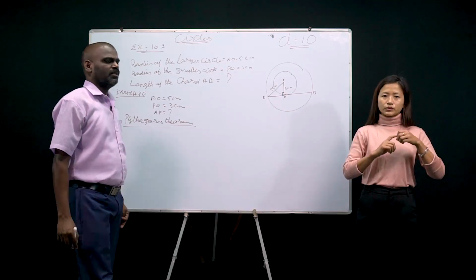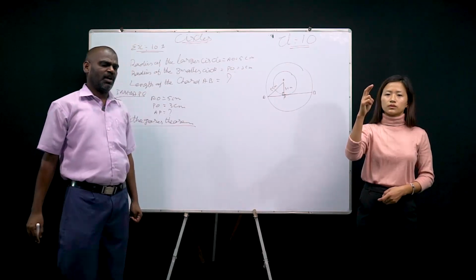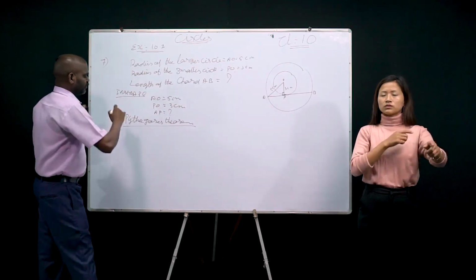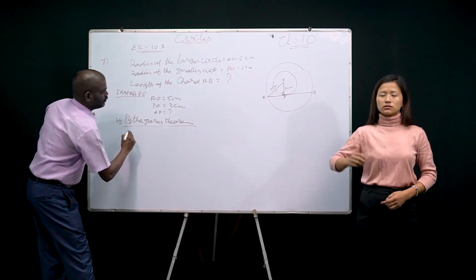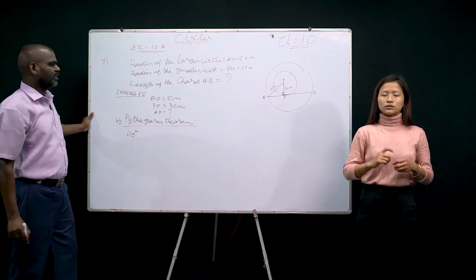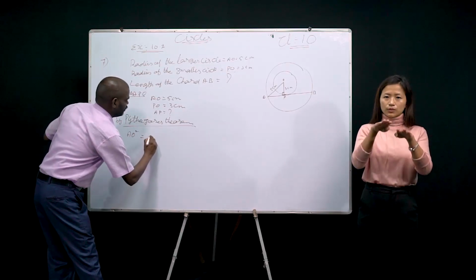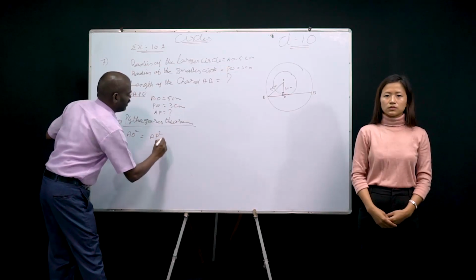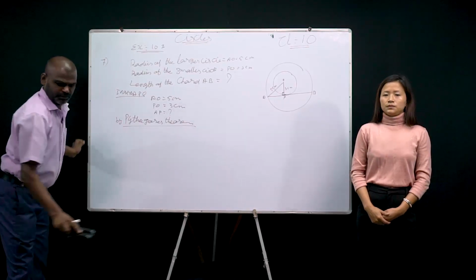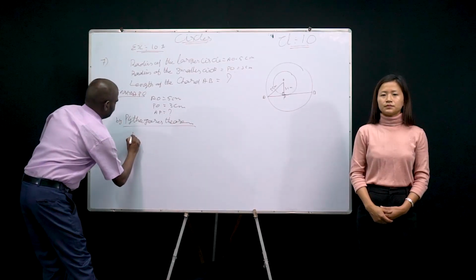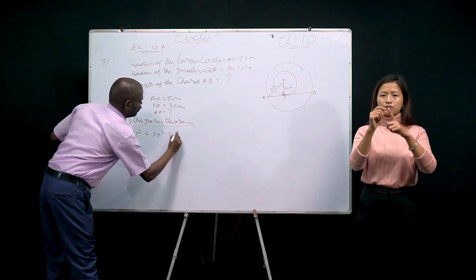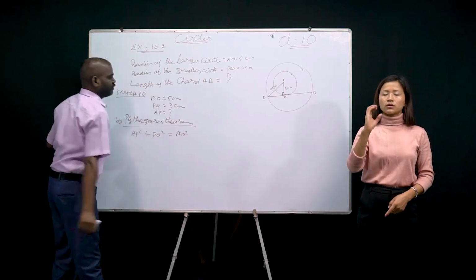Square of the longest side is equal to the sum of the squares of the other two sides. Is that not so? AP square plus PO square equal to AO square.